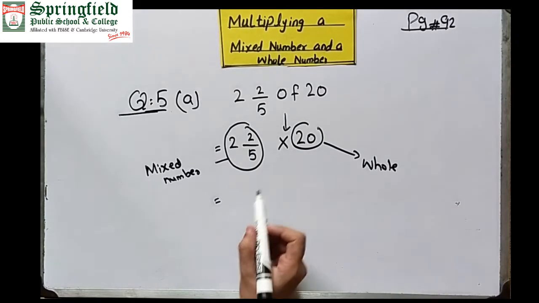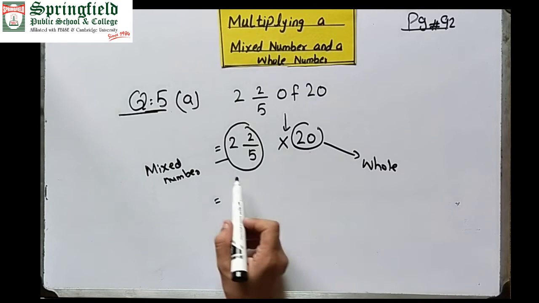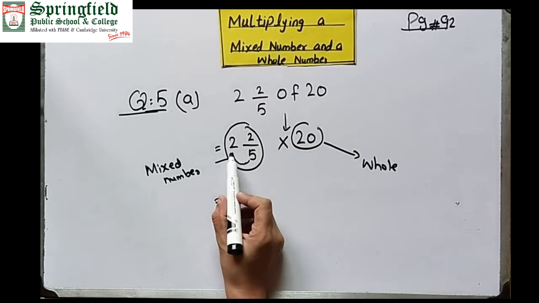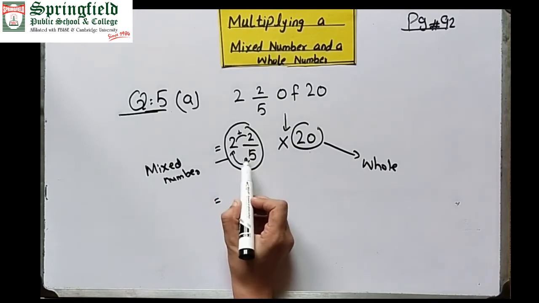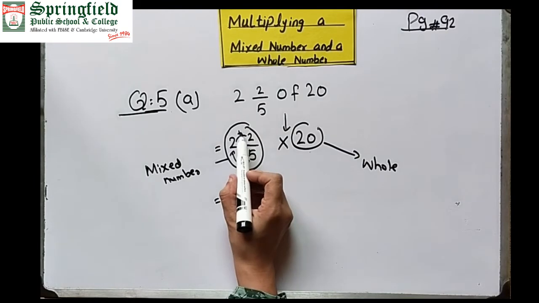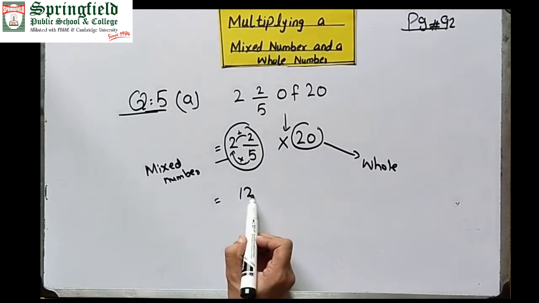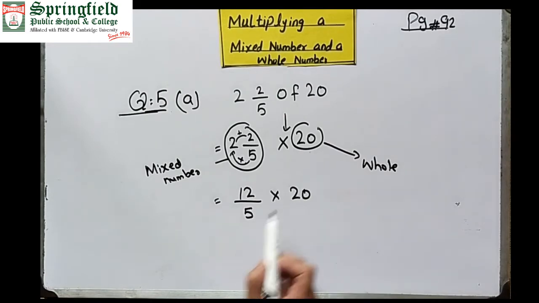And we know how we can multiply a mixed number with a whole number. So first we will convert the mixed number into the fraction form. 5 2s are 10 and then plus 2. 5 will multiply with 2 and then 2 will add. So 5 2s are 10 plus 2, it will become 12. 12 by 5 multiply 20.